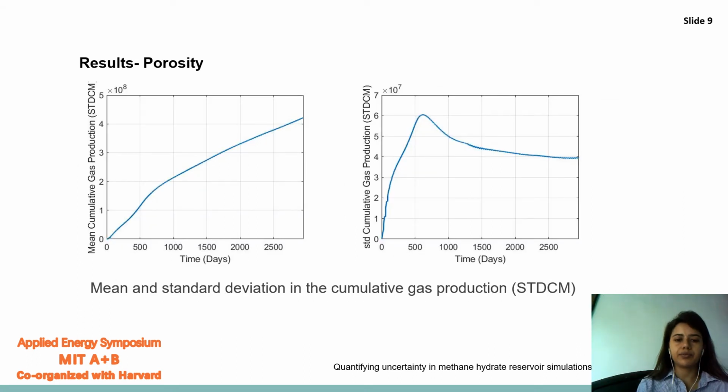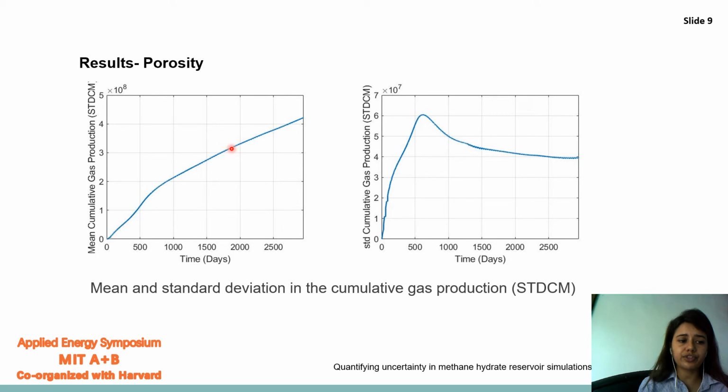The mean and standard deviation in the cumulative gas production as a function of time due to the uncertainty in the porosity are shown here. The standard deviation peak is obtained during the initial days when the gas production is low, followed by a sudden drop in the standard deviation peak as the gas production increases.